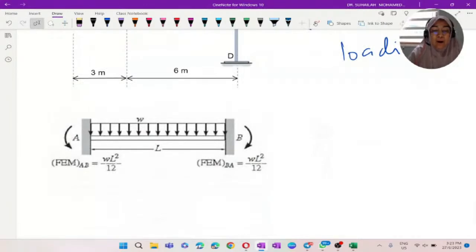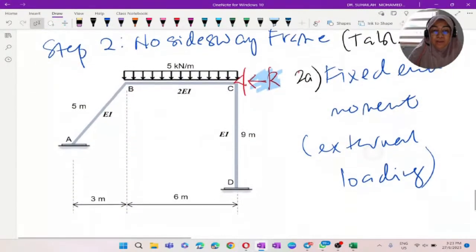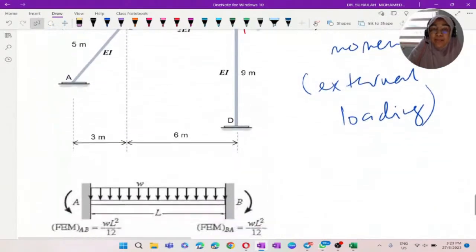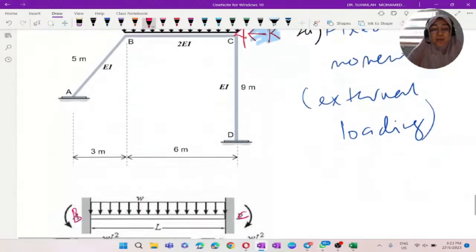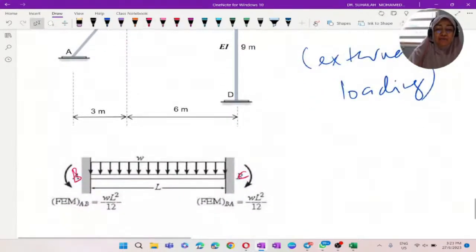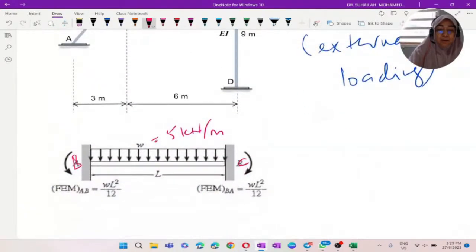So we have one beam with both ends fixed, but due to this, the fixed ends are B and C. The W is 5 kilonewton per meter. The length is 6 meter.